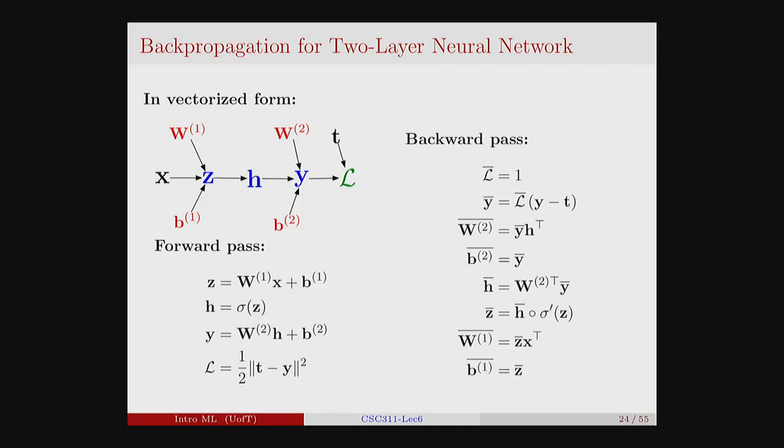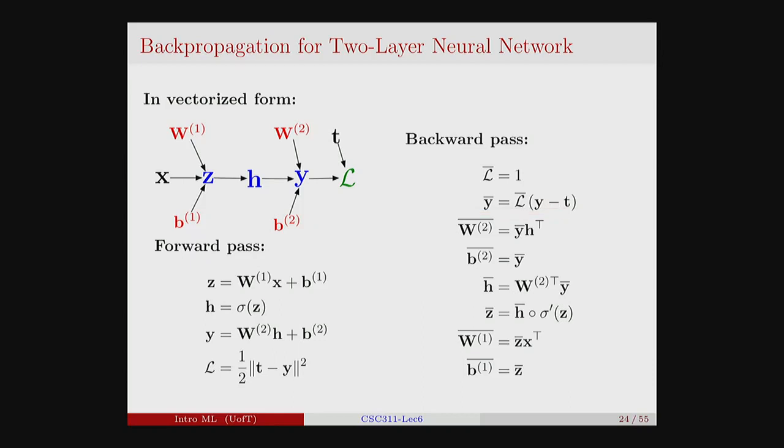So to compute the gradients and train this two-layer neural network, we first calculate L bar, which is going to be 1. Then we apply the chain rule again, but this time over vectors.